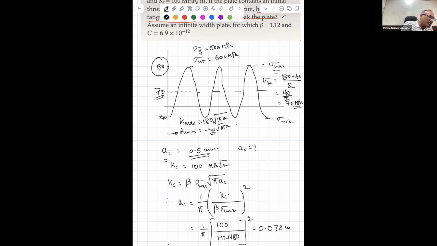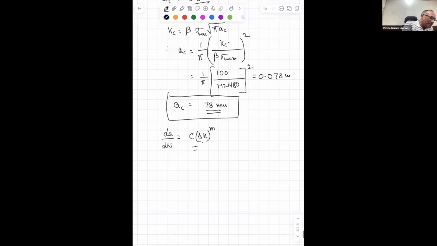But in order to do a conservative estimate, you can assume K min to be 0, right? So delta K in this case can be K max minus K min, where K min can be considered to be 0 if it is less than 0. So what will be K max? That is equal to beta times sigma max root pi A. Do you agree? Delta K is equal to that.